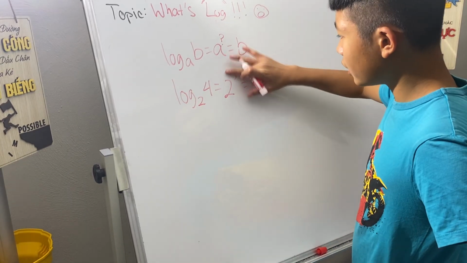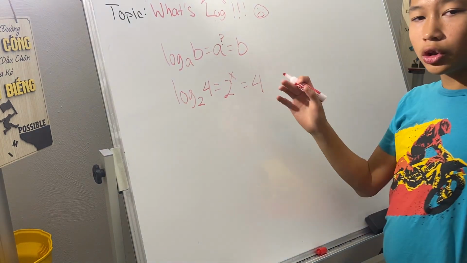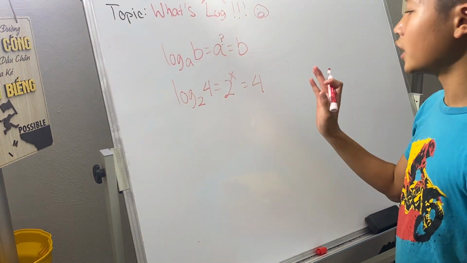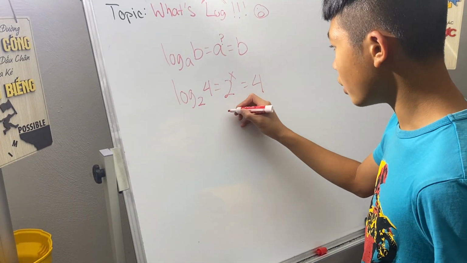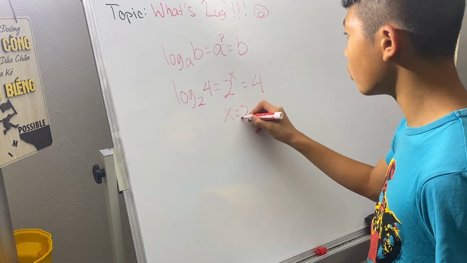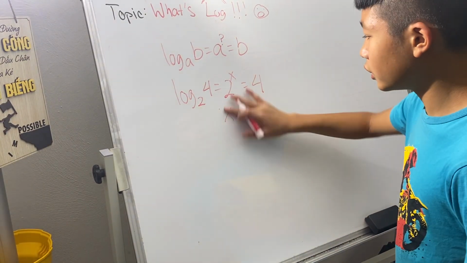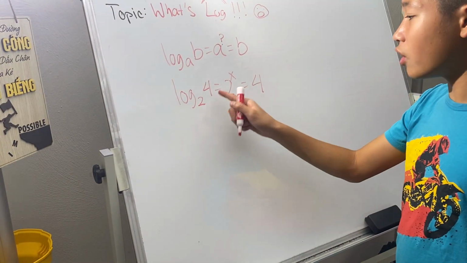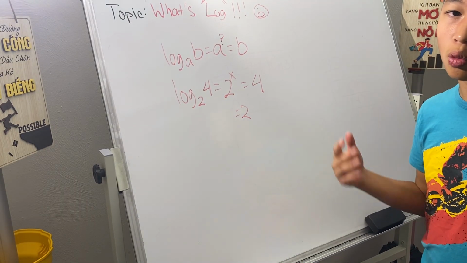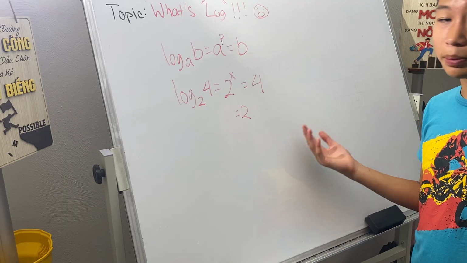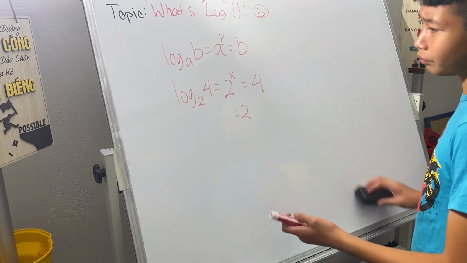Well, this is pretty easy because you know 2 to the second power equals 4, so x equals 2, and this question mark is the answer. So basically, log base 2 of 4 is 2. So you're trying to find what power of a equals b. Okay, very simple.